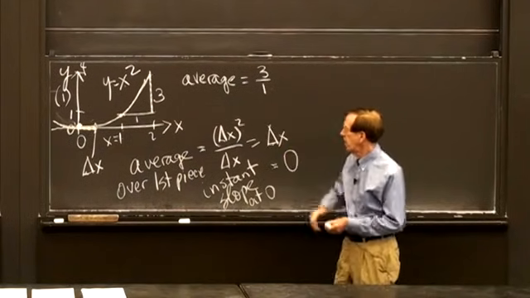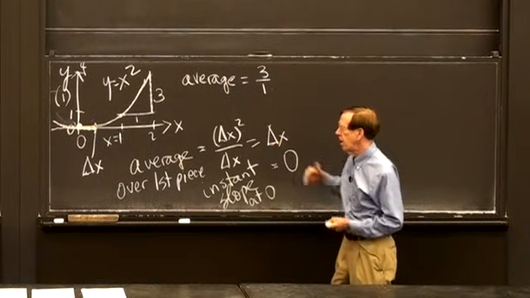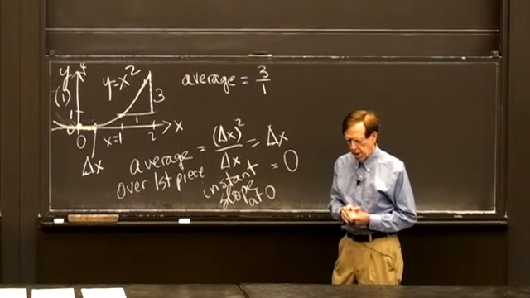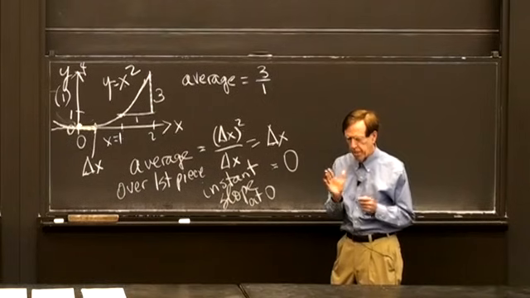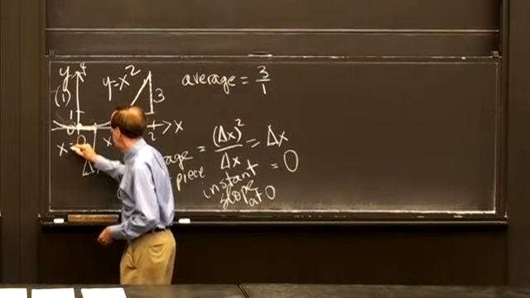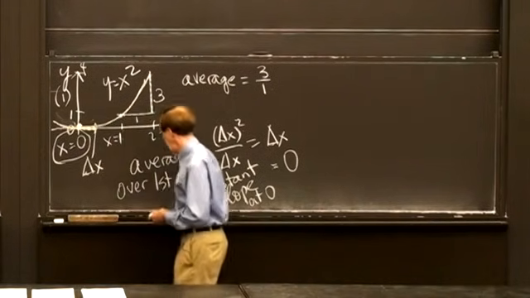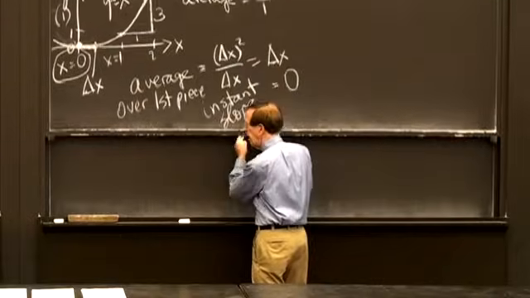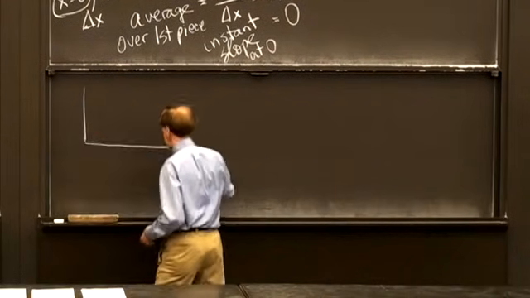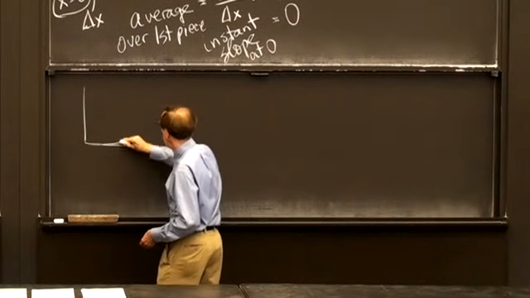Okay. So that's a good start. Now I'm ready to find the slope at any point. Instead of just x equals 0, which we've now done, I better draw a new graph of the same picture, climbing up.